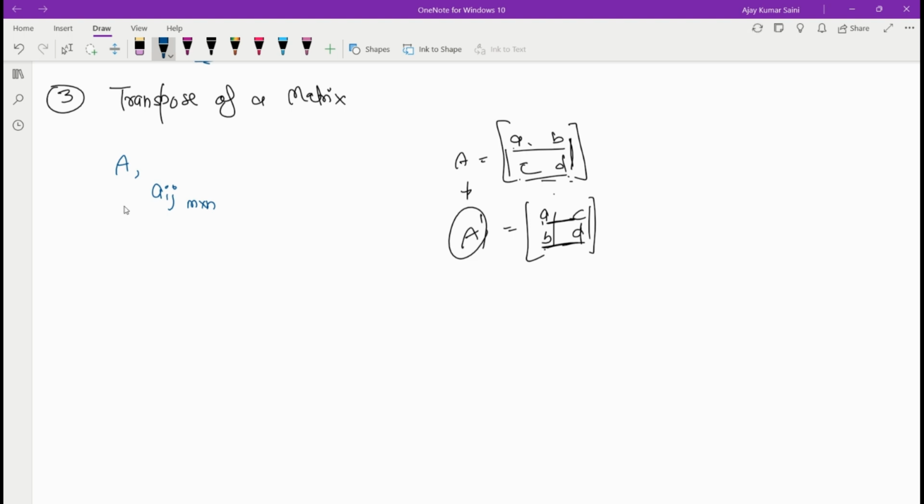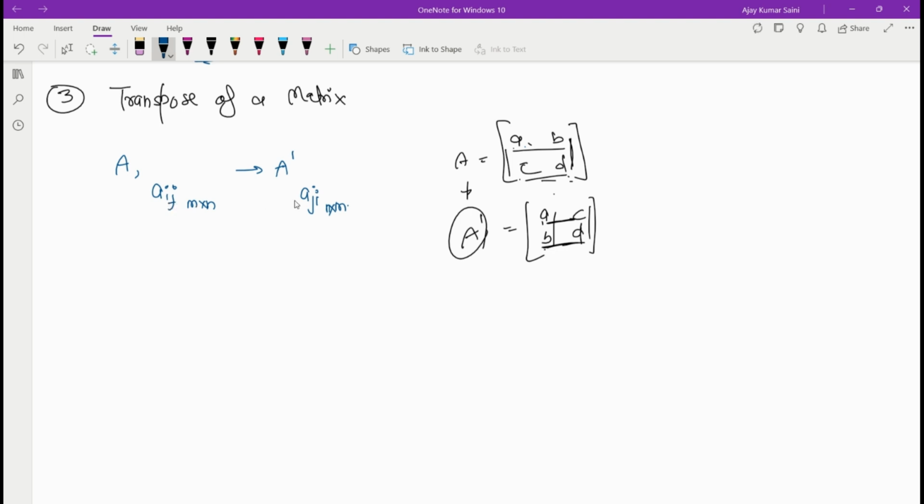I can write the transpose of A as A transpose, with entries aji. You know, we change all the things, so I need to write aji, and also change the order of the matrix.